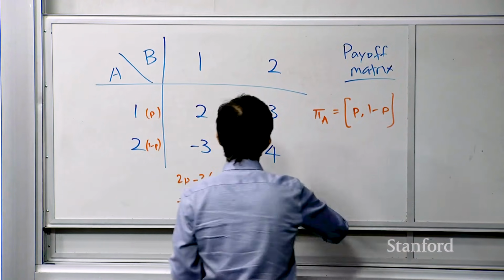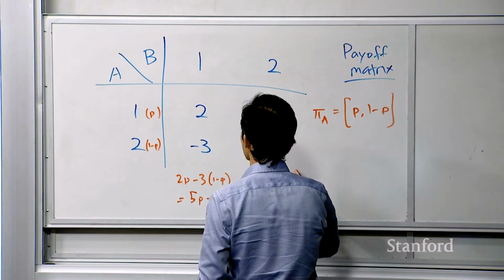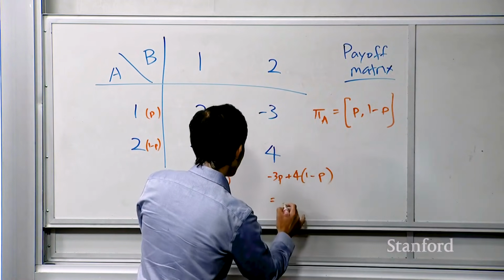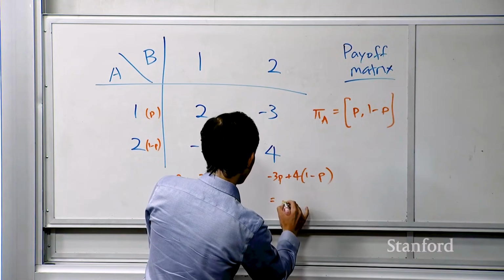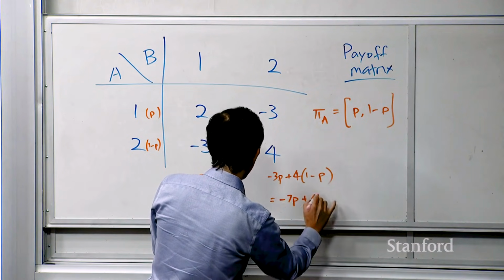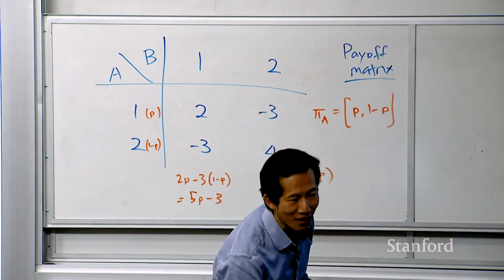And this is going to be minus 3P plus 4 times 1 minus P. That is minus 7P plus 4. Hopefully that matches what I have.